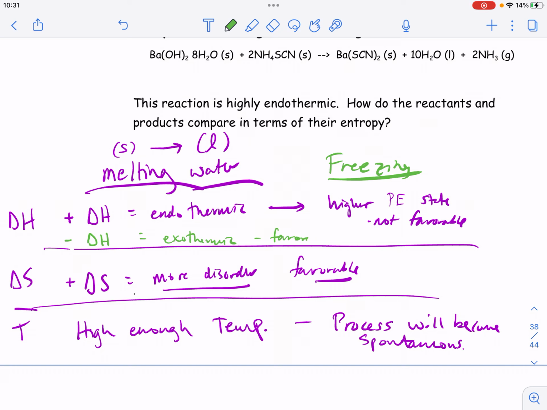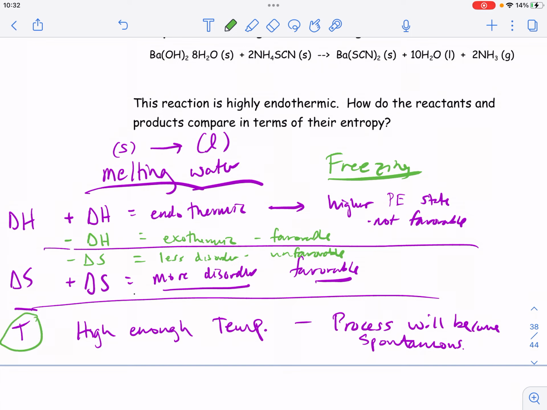That's favorable. We're getting a lot more ordered because we're making a solid ice cube. So this is less disorder, which is unfavorable. And so anytime that we have a delta H and a delta S term where one is favorable and one is unfavorable, then it's going to be temperature dependent whether or not it is spontaneous.